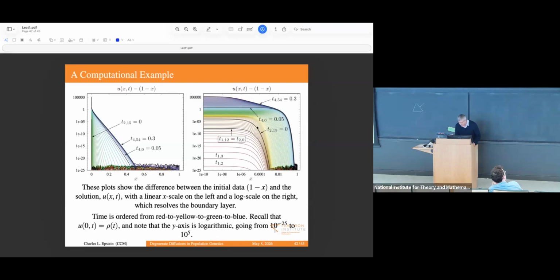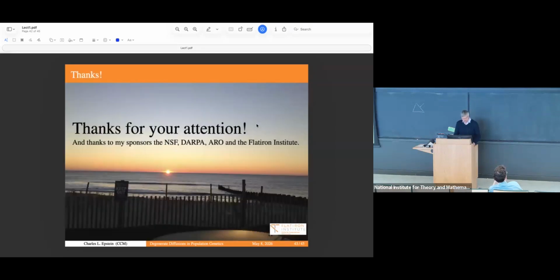But by the time you got to that blue curve there, at x equal to 0.0001, the solution has made it all the way up to 10 to the minus 5. And then a little later, it gets up to 1. And then eventually, as you see here, the solution does get up to 100,000. So this is the resolved picture of the evolution of that problem at a very, very, very refined scale.